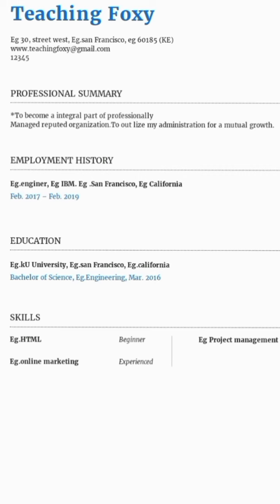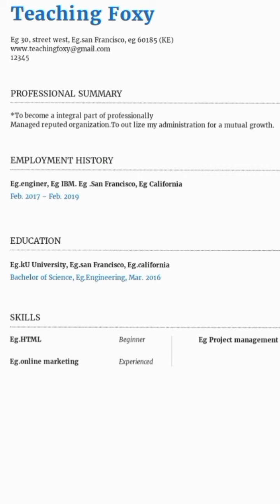The last is your educational qualifications. Based on your previous education, showcase them. Not necessary to go into detail, be very crisp. Not every recruiter needs to know your percentage. Unless you've been asked for a certain cutoff percentage, mention your percentage.